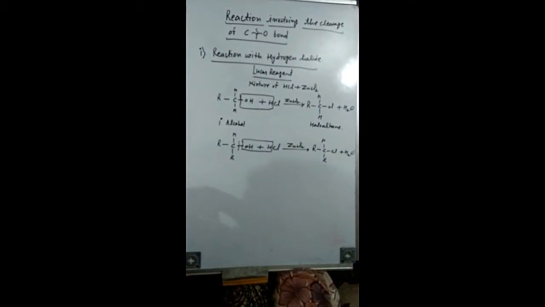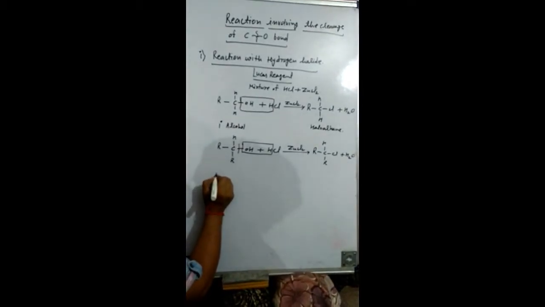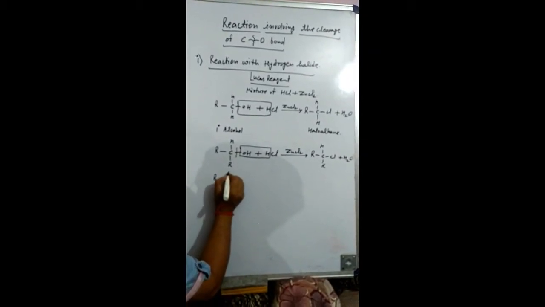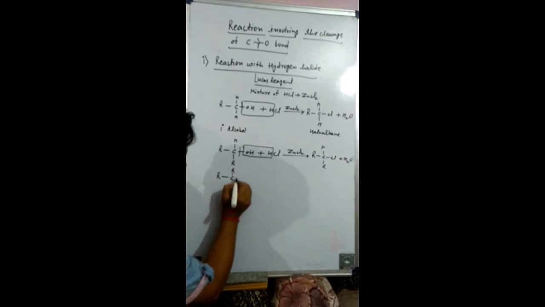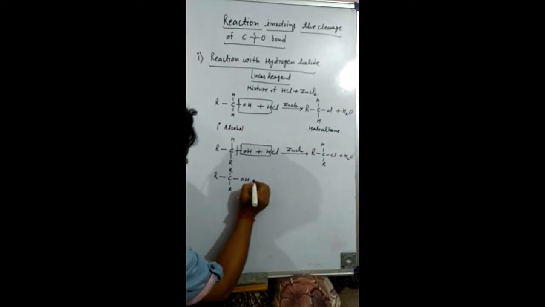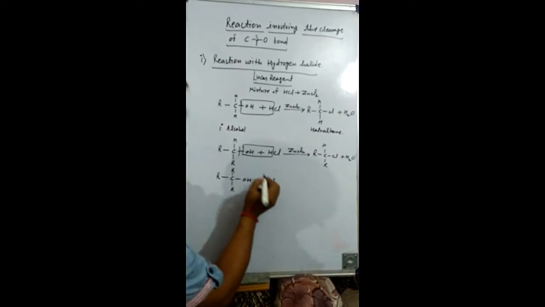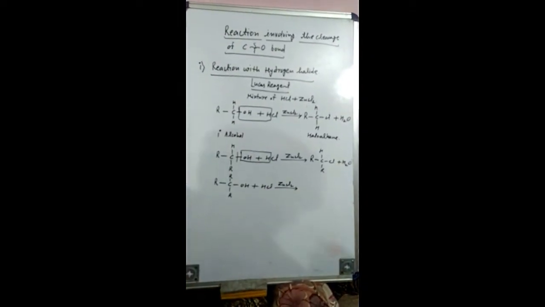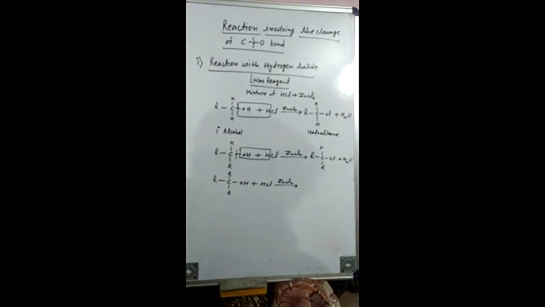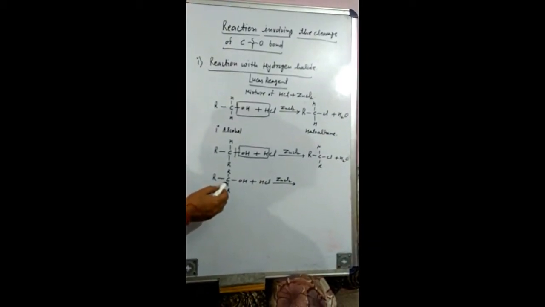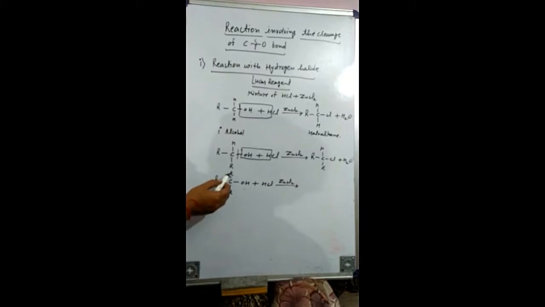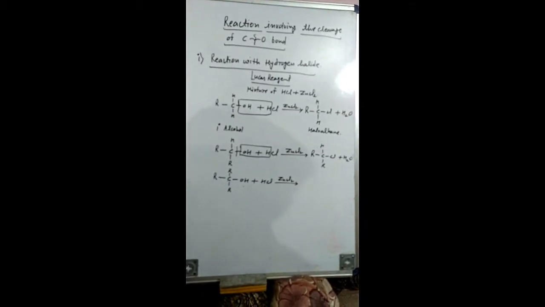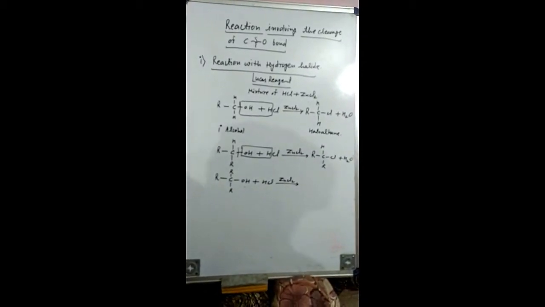Same for tertiary alcohol. Tertiary alcohol is R single bond C, with R and R, single bond OH, plus HCl in the presence of ZnCl2. Simply, this is the tertiary alcohol because the carbon at which the OH group is attached also has three alkyl groups.